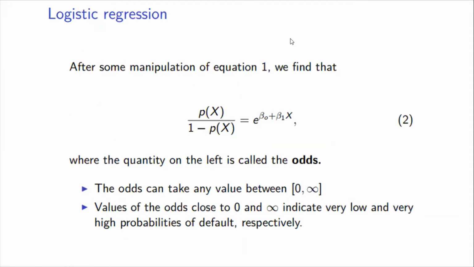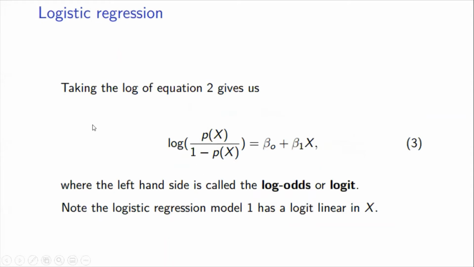Then after some manipulation, we got this. So we now know that the odds is equal to this linearity. This is what I explained earlier. This is the logarithmic form of odds, which is equal to the linear terms.